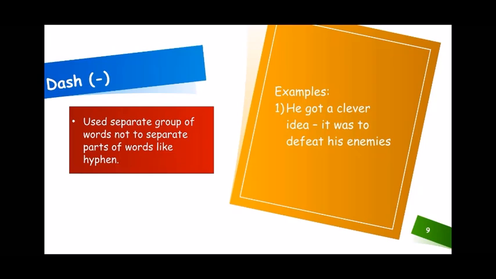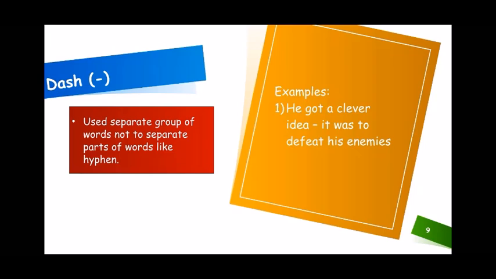The dash is longer than a hyphen, and a hyphen is used to separate parts of words. The dash is used to separate a group of words. He got a clever idea — it was to defeat his enemies.